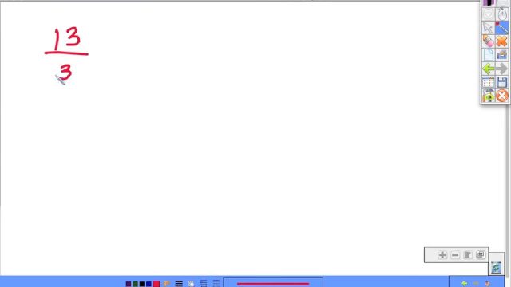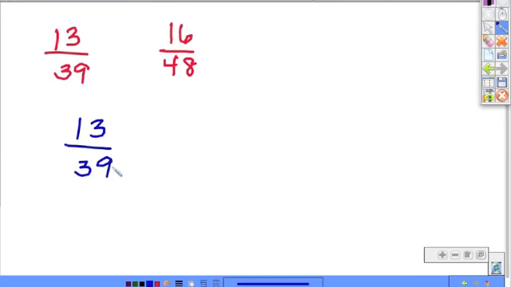What if I had 13/39 and 16/48? All right, so let's take the first one, 13 over 39, and find a number that can divide into both of those numbers. Well, I know 13 can go into both of these, so I'm going to take 13 and divide it into 13, which gives me 1.